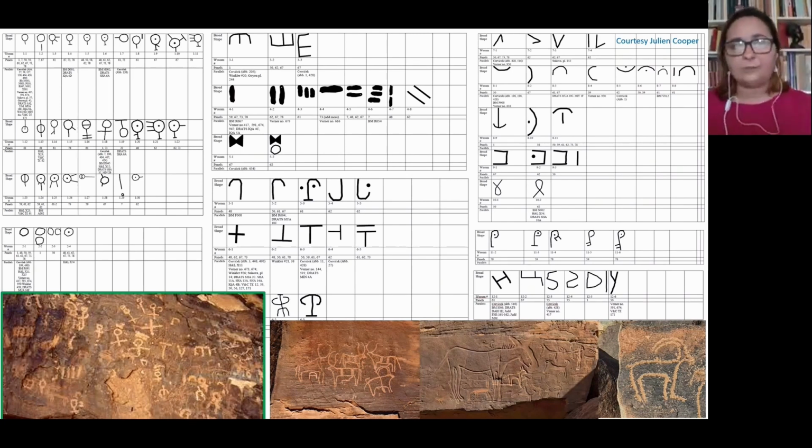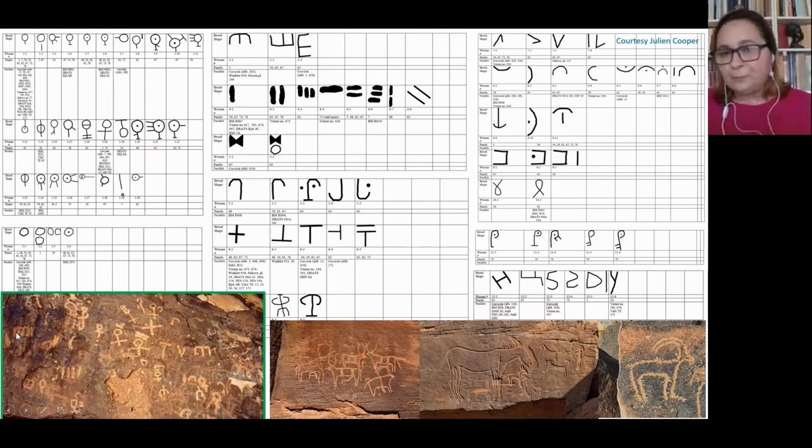So there is a direct connection. These, of course, are from later periods, even modern times, but clearly there is a direct connection between the two sides of the Red Sea.